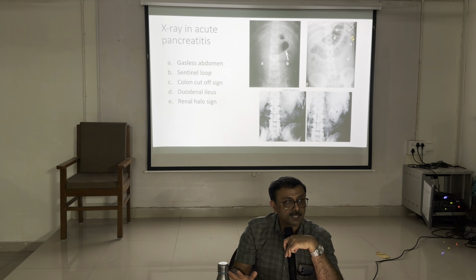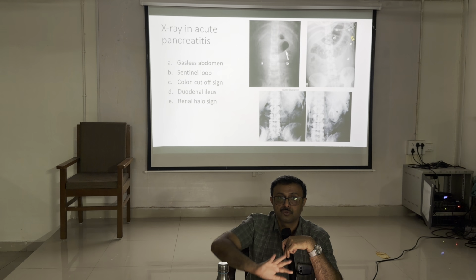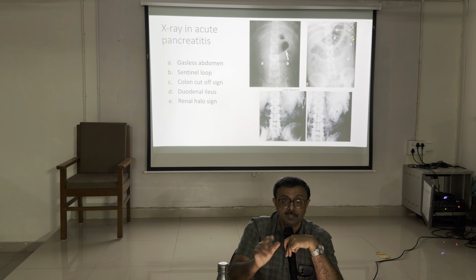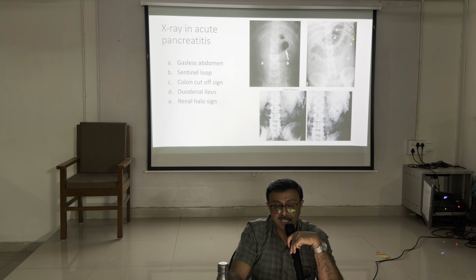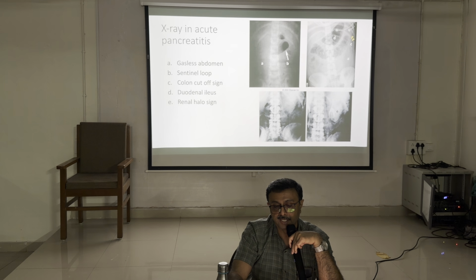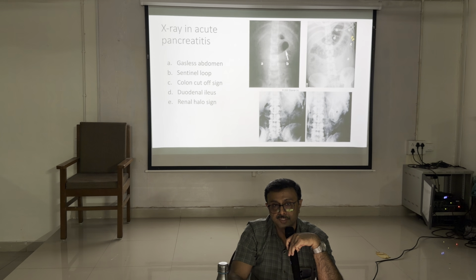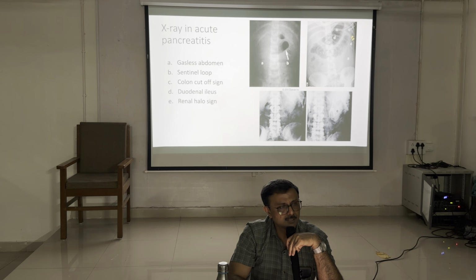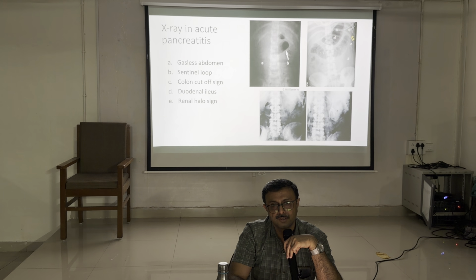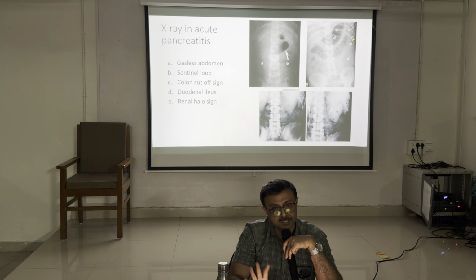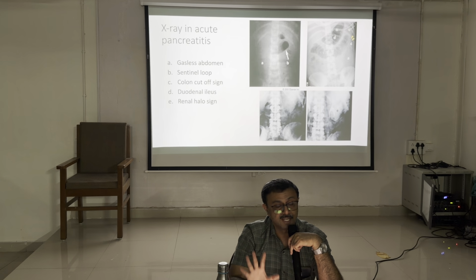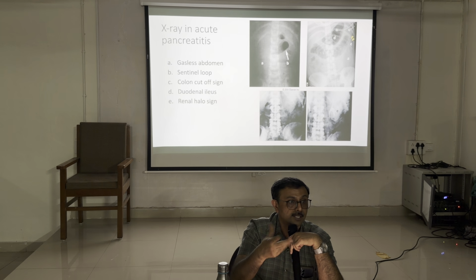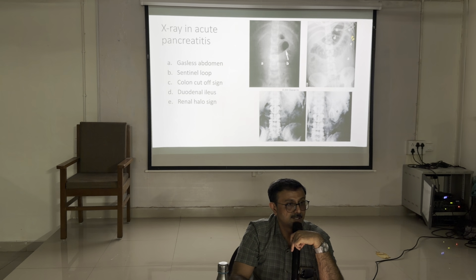Once fluid is collected, it gives contrast and the kidney becomes visible. That is the renal halo sign. Sometimes you don't try to see it, but if the sign is visible, it signifies something.